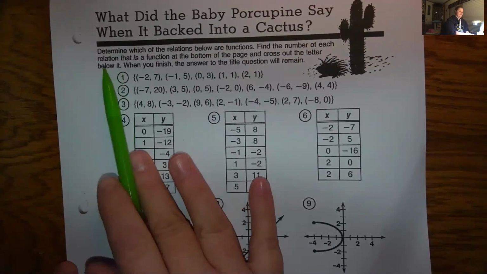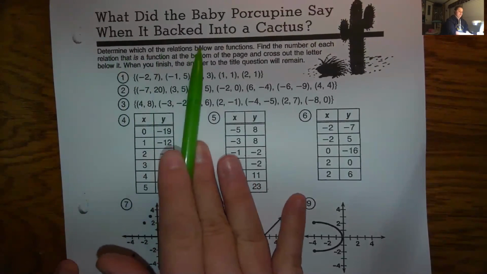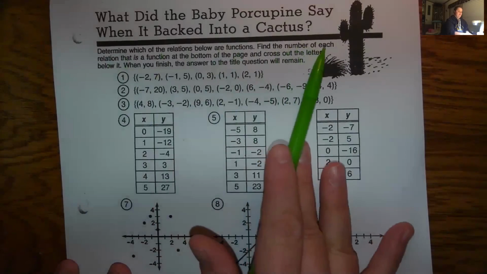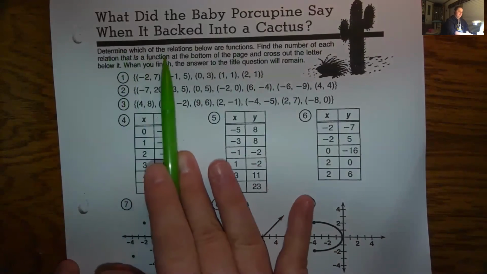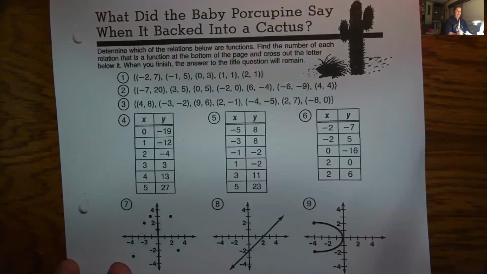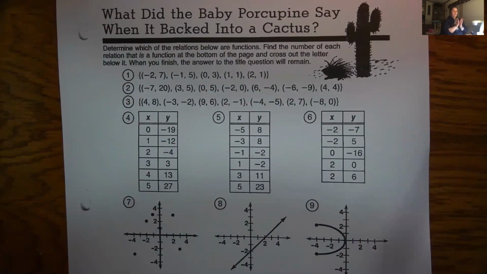So you're just determining, it says determine which of the relationships are functions, find the number of the relationship that is a function at the bottom of the page and cross out that letter. So remember, if I want it to be a function, I can't have two of the same x values, okay? And it has to pass that vertical line test. Those are the same thing, okay?